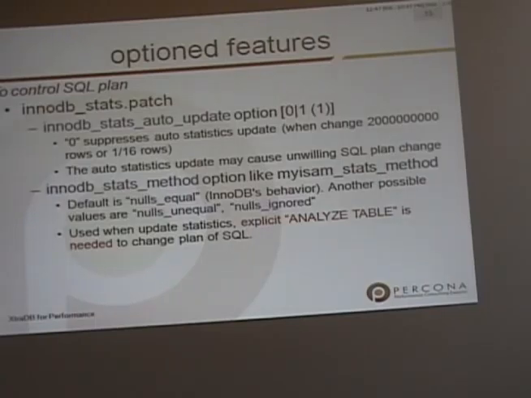So if we want to change it immediately, the way is to set the InnoDB stats method through the API and explicitly execute an analyze table, which is needed to change it at once.